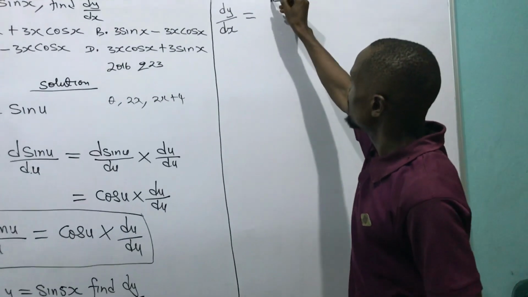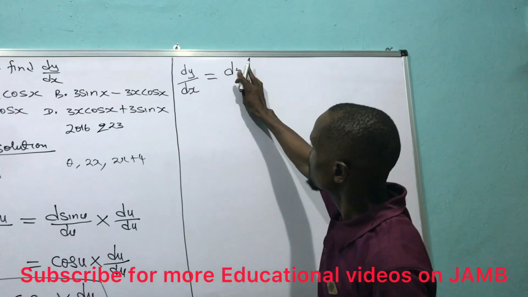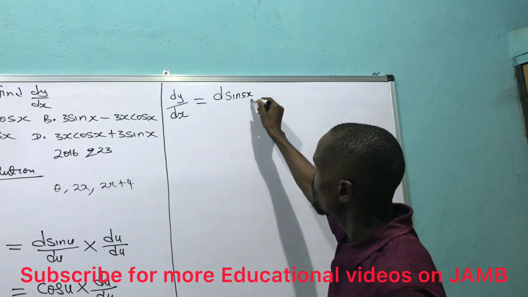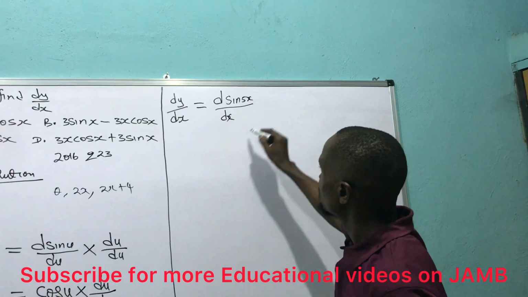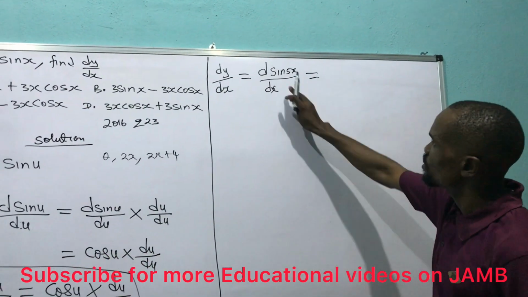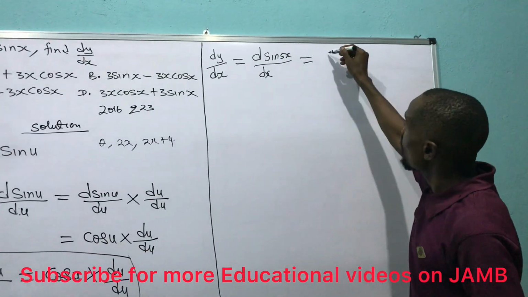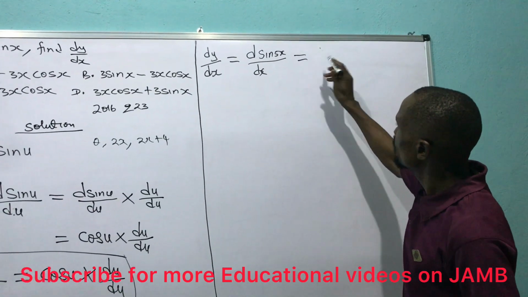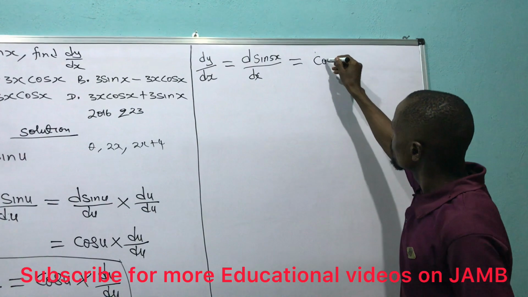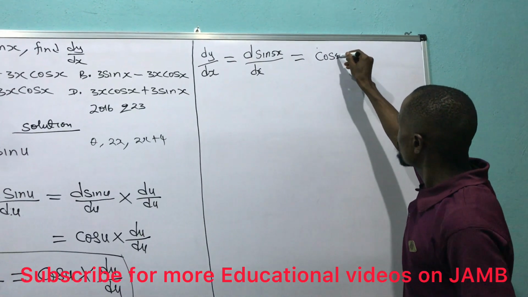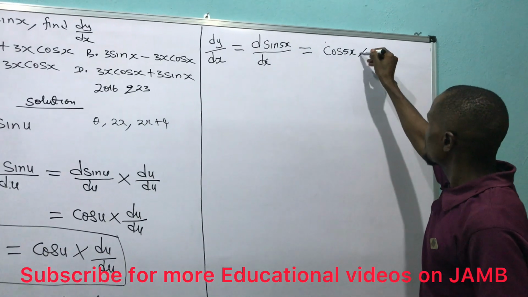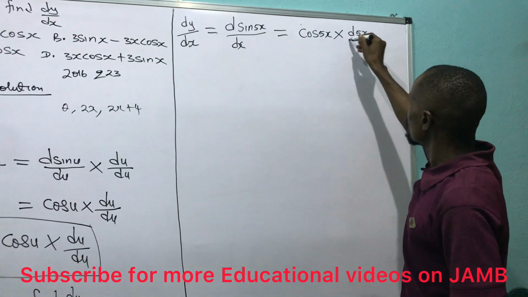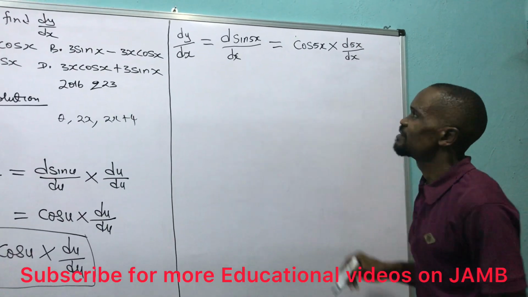I will now say d sine 5x over dx, which gives me, remember what we said, I'm differentiating sine now. I will differentiate the sine. This will give me cos 5x times d 5x over dx.